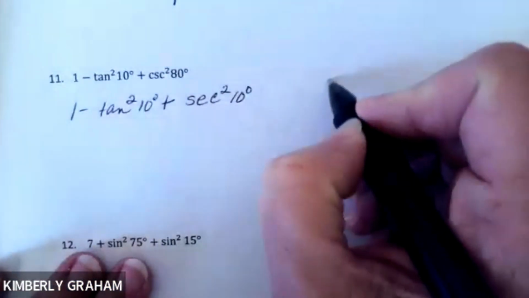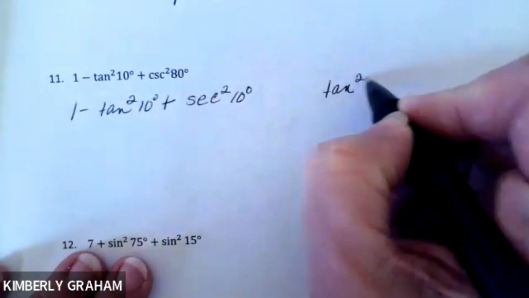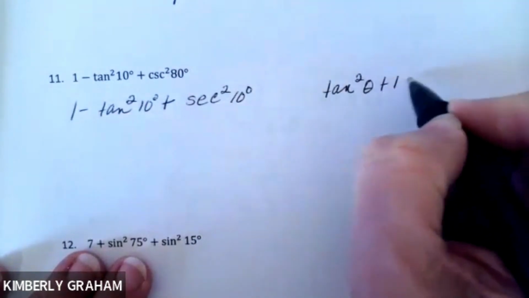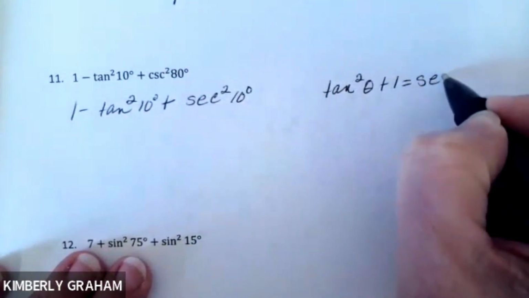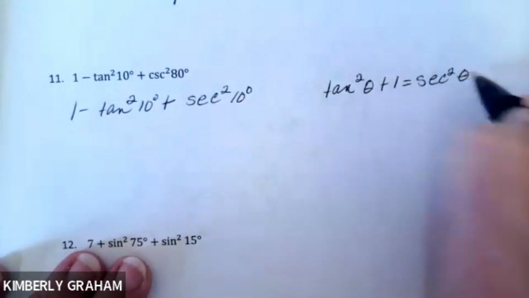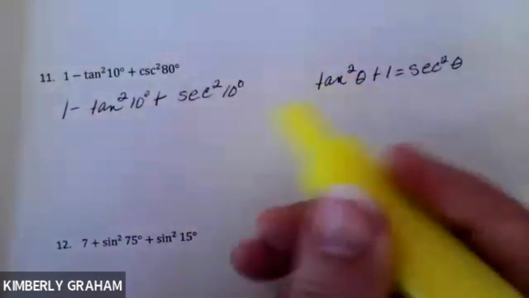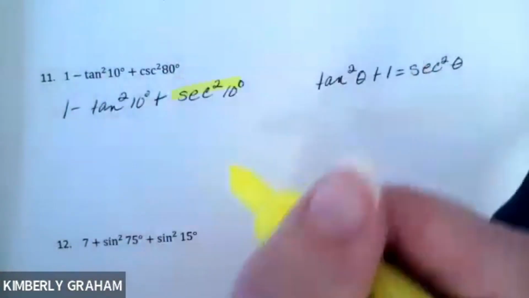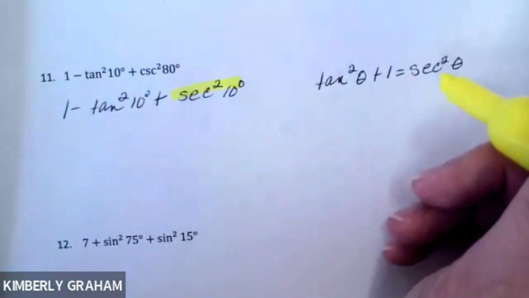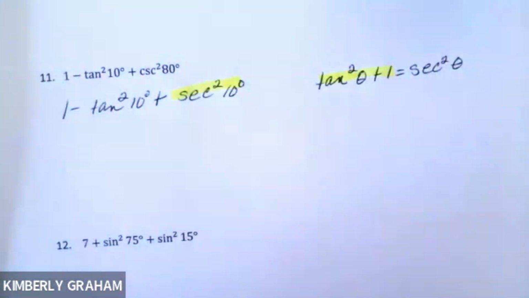I'm going to write down my Pythagorean identity that I'm using: tangent squared theta plus 1 is equal to secant squared theta. And what I'm going to do is replace this secant squared 10 degrees with tangent squared 10 degrees plus 1.